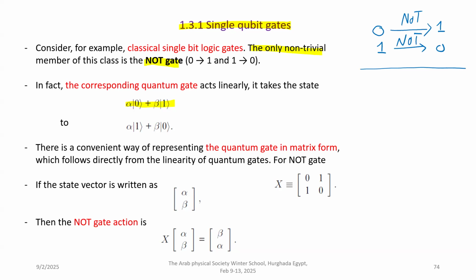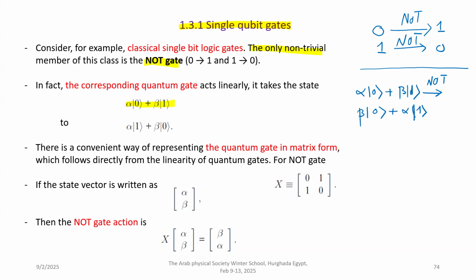Now, in our case, we are talking about a qubit that is alpha 0 plus beta 1. If you apply a gate like the NOT gate to this, it basically flips them, so you get beta 0 and alpha 1. This is how you flip it in a quantum gate.